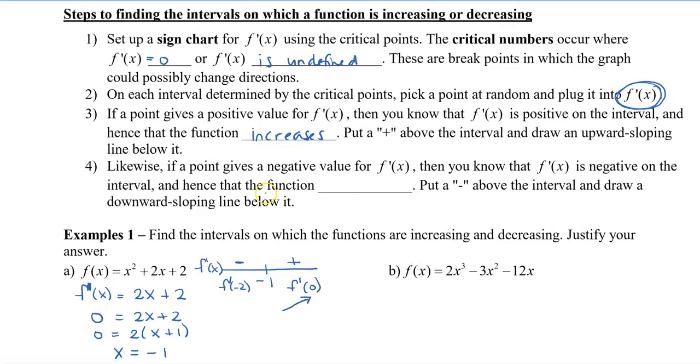Likewise, if a point gives a negative value for f prime of x, such as when I put in -2, then we know that f prime of x is negative, and hence that the function now decreases. So we put a negative sign like I did here, and then we're going to draw a downward sloping arrow. And this will help me later when I do some graphing too.